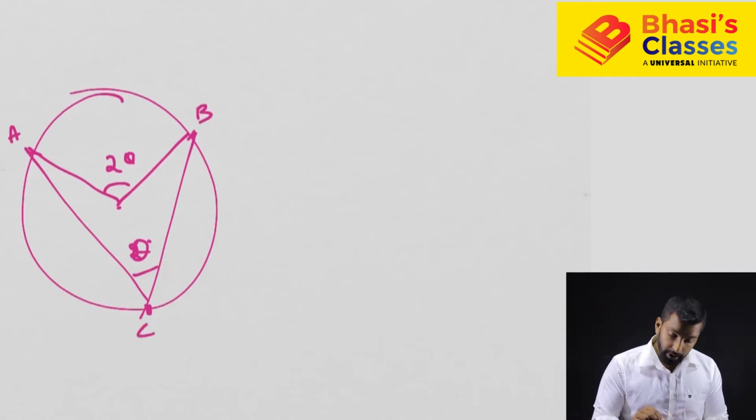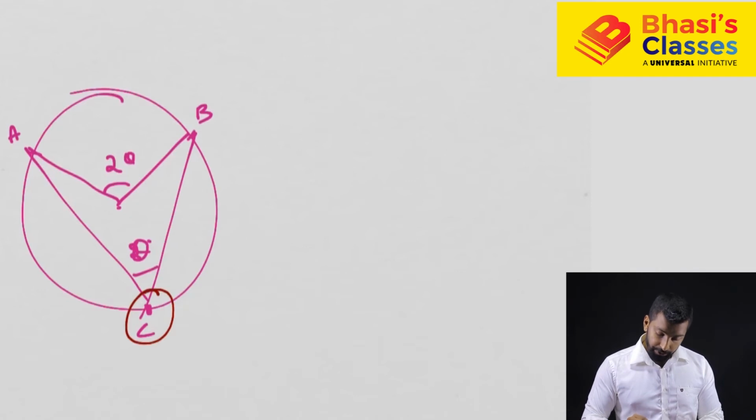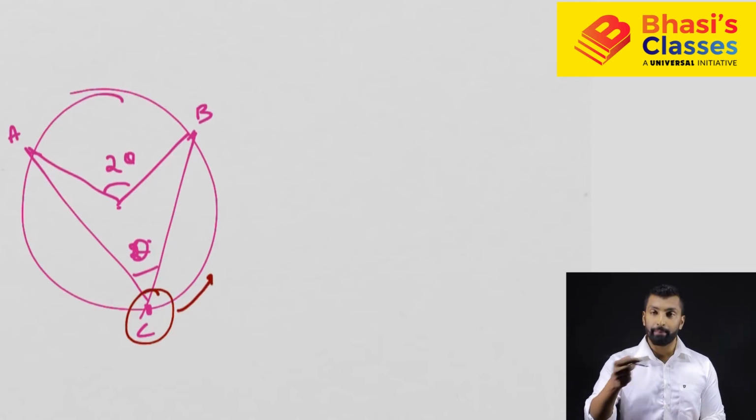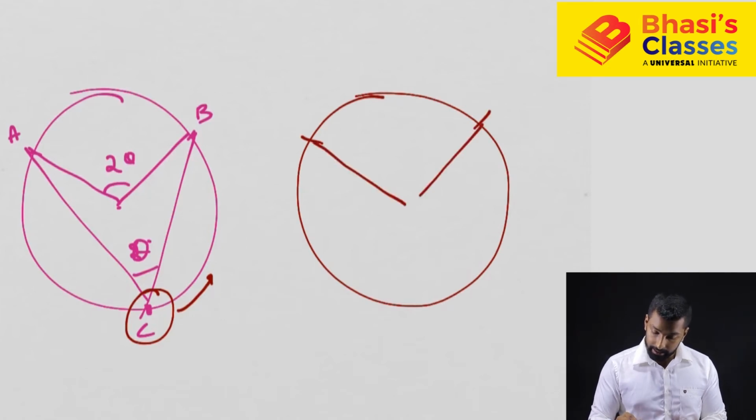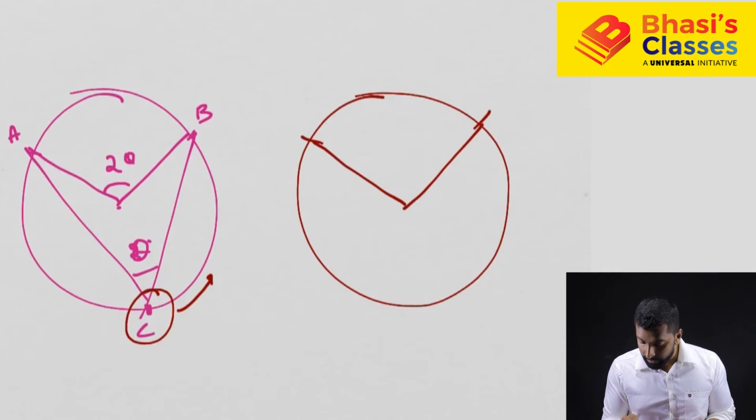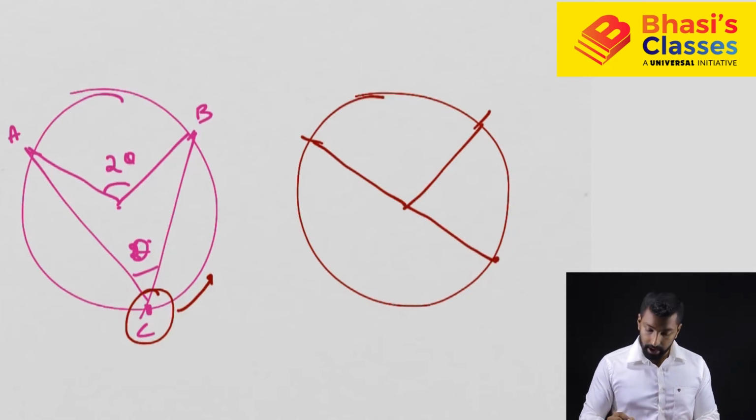Now this point C, if you shift it a bit more to your right side, what will happen? See, the same arc, I'm not changing that, and the radius is like this. So I have shifted this point. Earlier it was here, this C I shifted to this point D. Now it is D. So AB is the same.